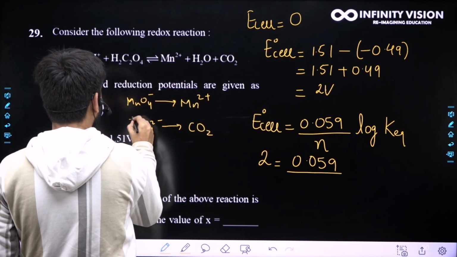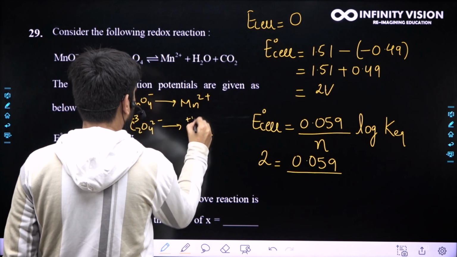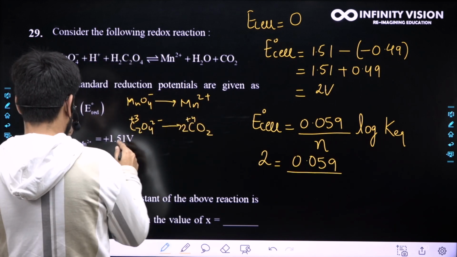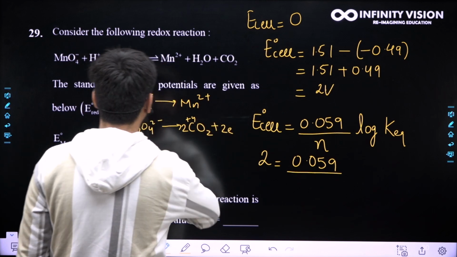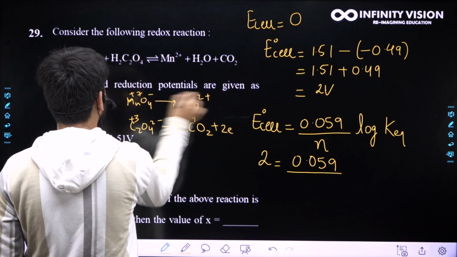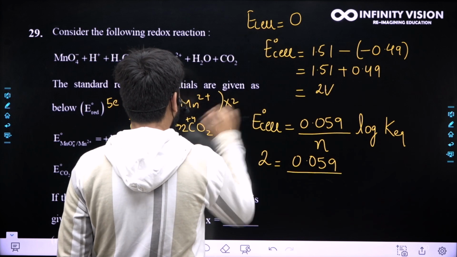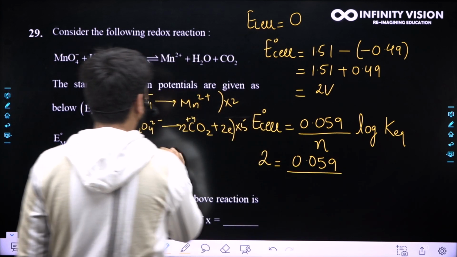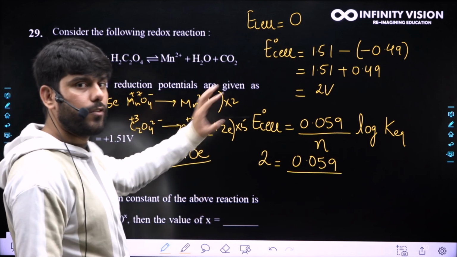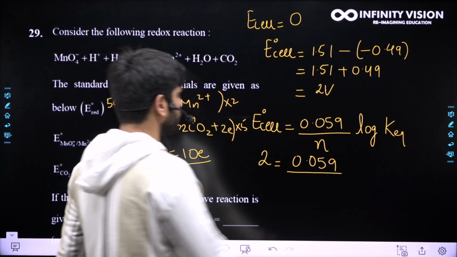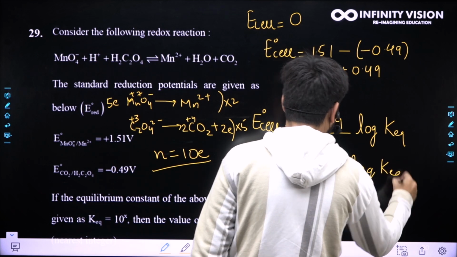Oxalate is plus 3 and CO2 is plus 4, so we write 2 electrons here, and plus 7 to plus 2 is 5 electrons. Now balance the electrons by multiplying by 2 and by 5. So n comes out to be 10 electrons involved in this redox reaction. So it is 0.059 upon 10 log of K equilibrium.